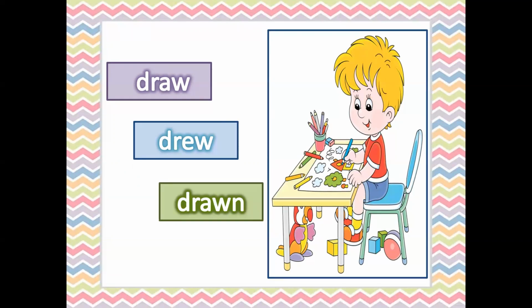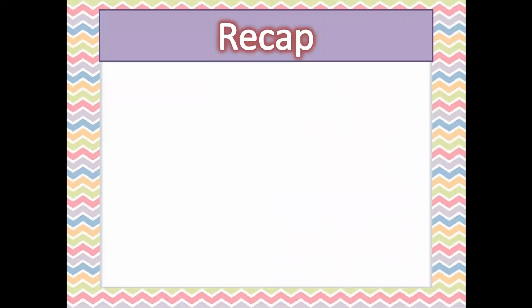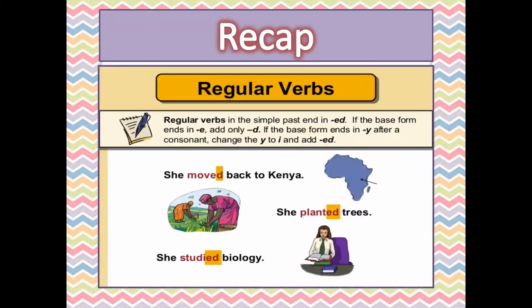And students, now let's have a recap of regular and irregular verbs. Here, as we discussed, regular verbs in the simple past end in ed, right? If the base form ends in the letter E, we add only the letter D at the end.